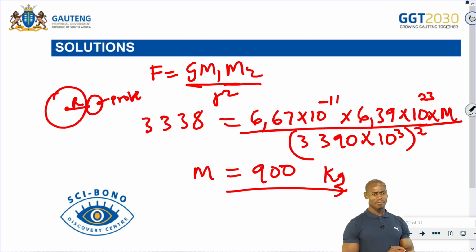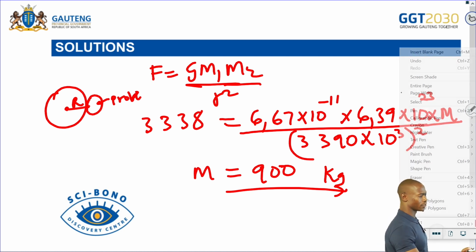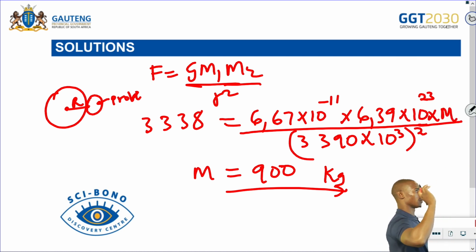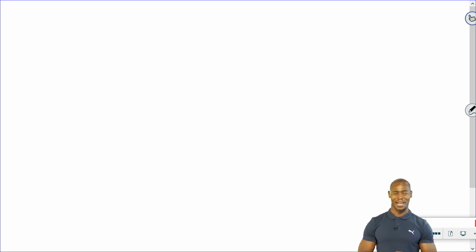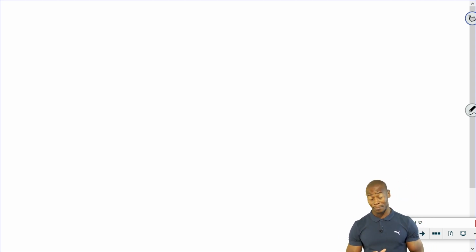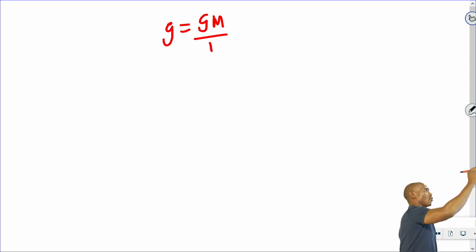Then another method that you can use is to start by calculating the acceleration due to gravity on planet Mars. Remember, this probe is on planet Mars. So what is the acceleration due to gravity on planet Mars? It is g equals GM over R squared.